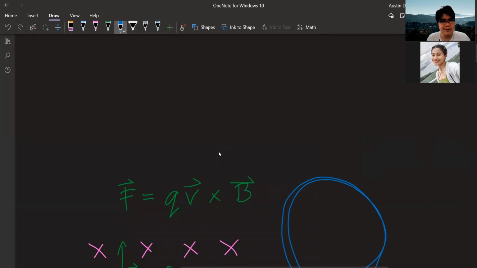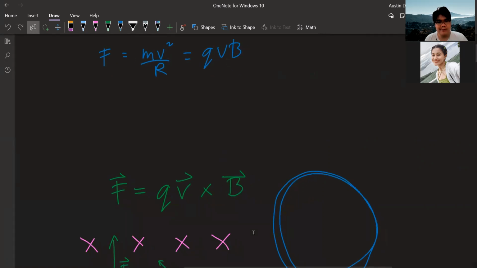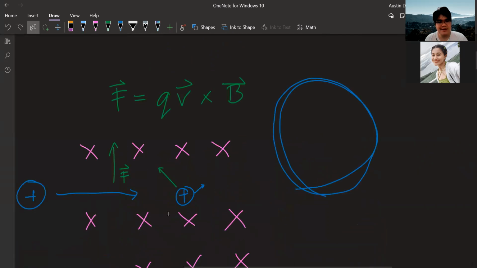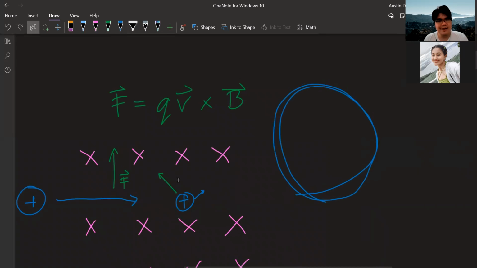Sa centripetal motion mo, di ba, ang force mo is mv squared over r. So therefore, this is also equal to qvB, assuming na v cross B is always perpendicular in such as in this case.